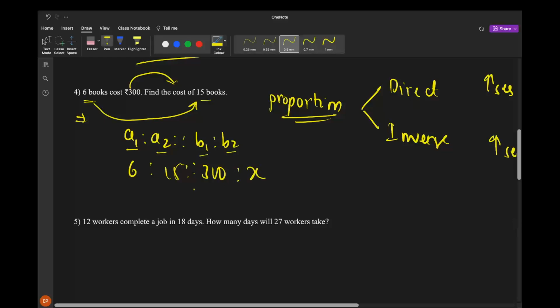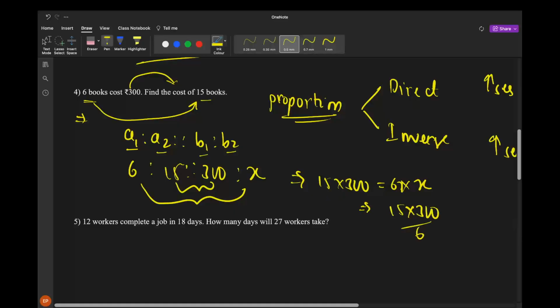Let it be X. Multiply mean terms, multiply extreme terms and equate. 15 into 300 is equal to 6 into X, right? If I take 6 this side, it becomes 15 into 300 divided by 6 equal to X. 6 ones are 6, 6 50s are 300, 15 5s are 75, so 750. So 15 books cost 750 rupees.